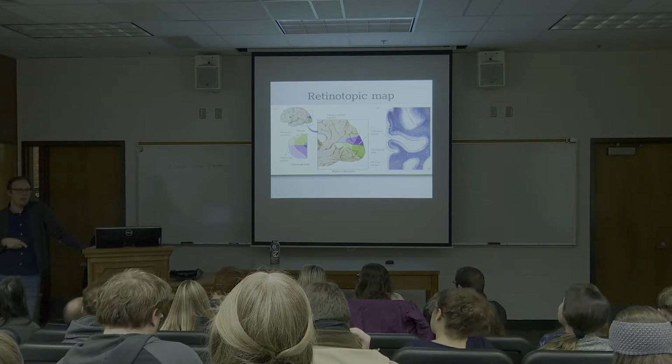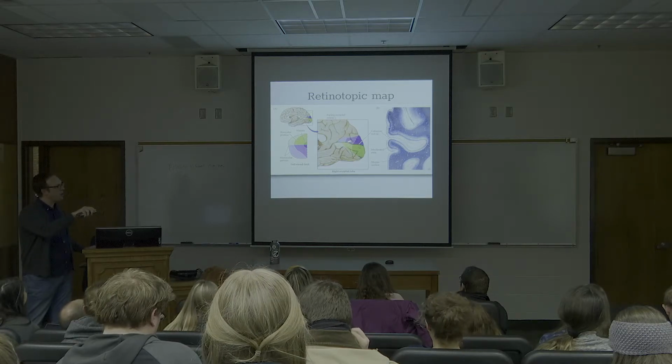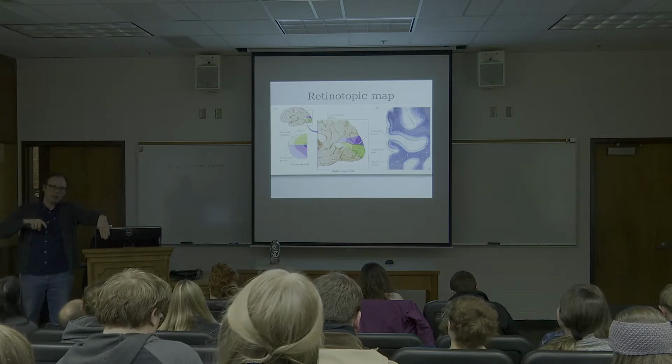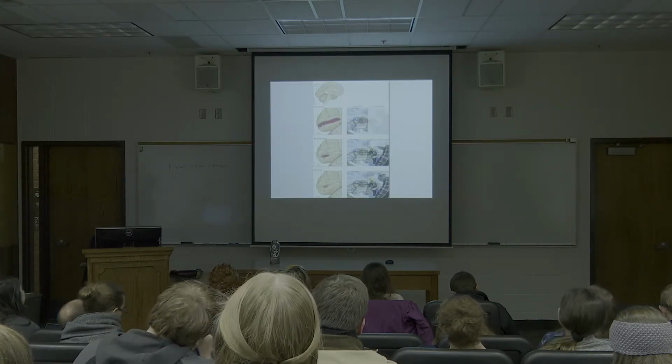Left, upper, or lower? Lower, right. Yeah, so if the damage is in the right upper V1, then it's going to be contralateral and upside down. So it's going to be the left lower visual field, which I think is what this is, yeah.